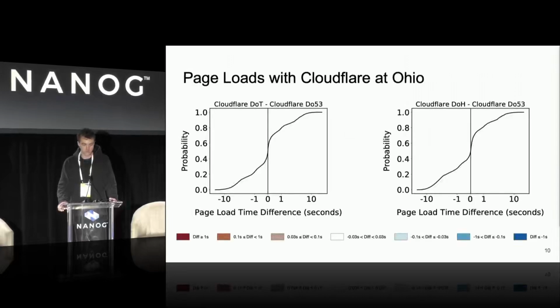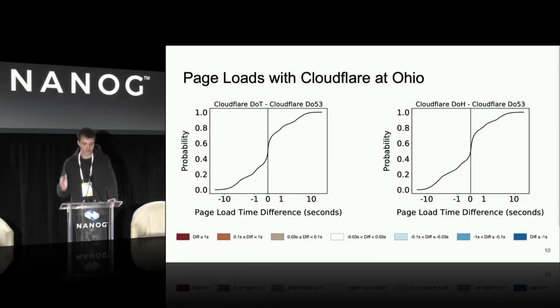So this is comparing all the different protocols for Cloudflare to Ohio in terms of page load times. The way you can read this is that it's taking the difference in page load times for two given protocols. For example, on the left, you have Cloudflare DoT and Cloudflare DoH. You're taking the page load times, comparing them to each other, and subtracting the difference.